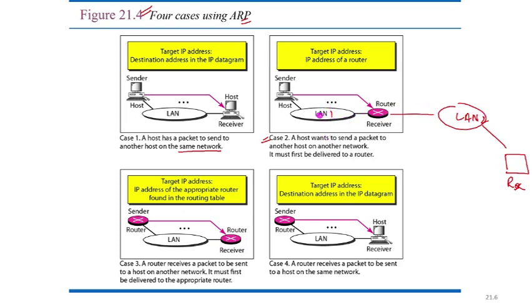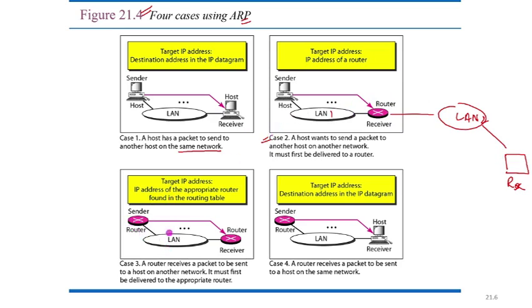In that case also ARP can be used. The ARP packet sent by the sender will be sent to the router. The router will be the destination with respect to the sender, and then the router will send it on to the receiver.